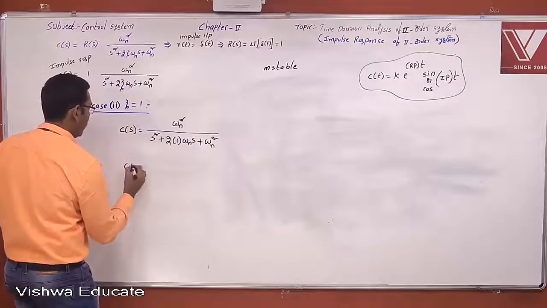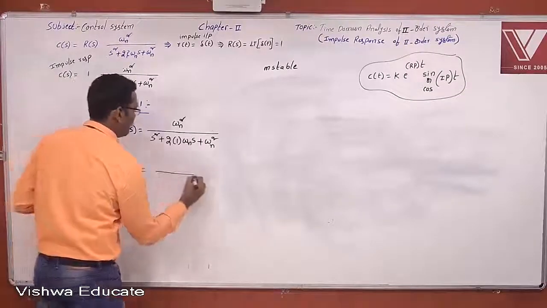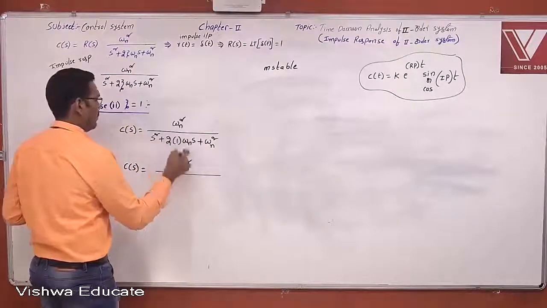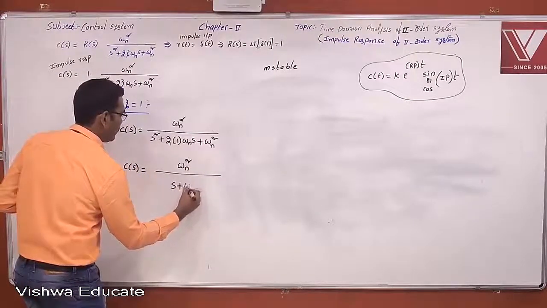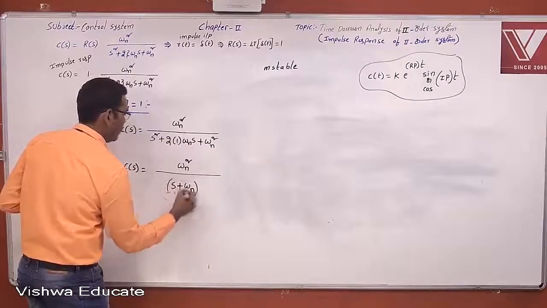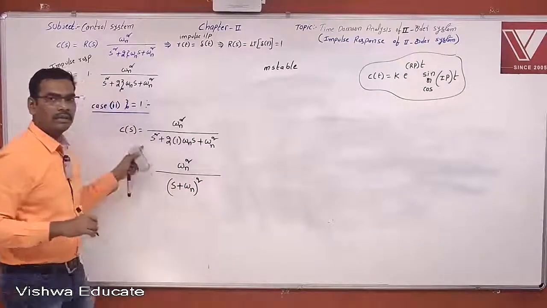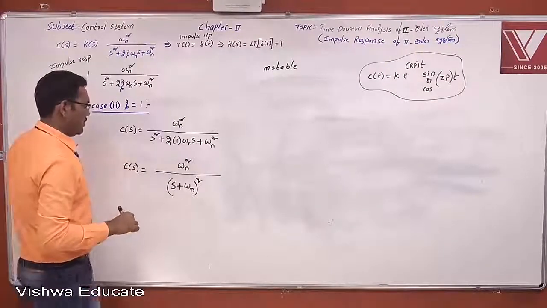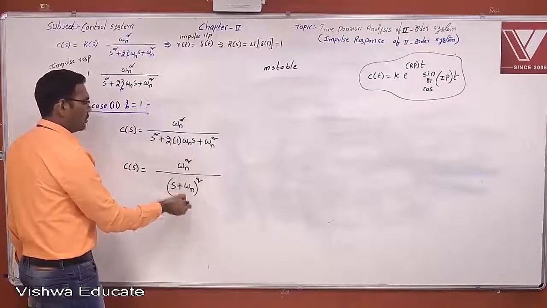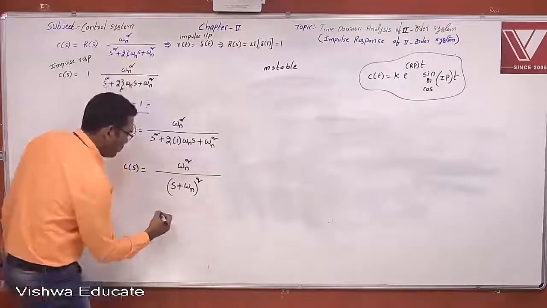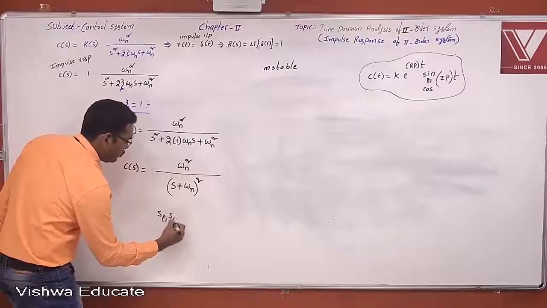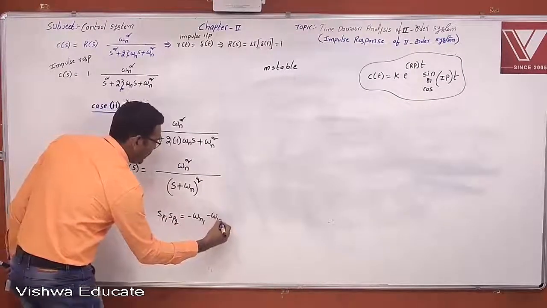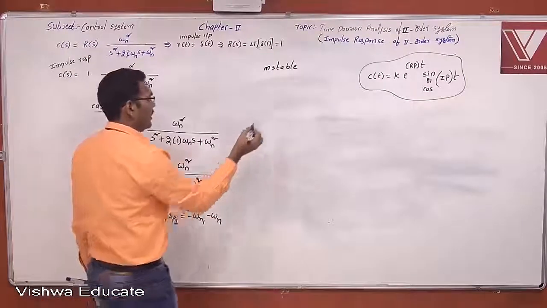Now therefore C of s equals omega n square over (s plus omega n) whole square. Now see here, the poles location is available directly. What is the poles location? These are the two poles: minus omega n, minus omega n, repeated poles on the negative real axis.